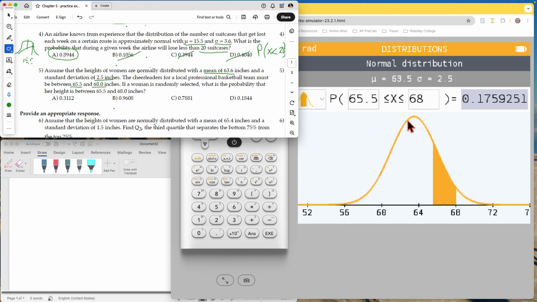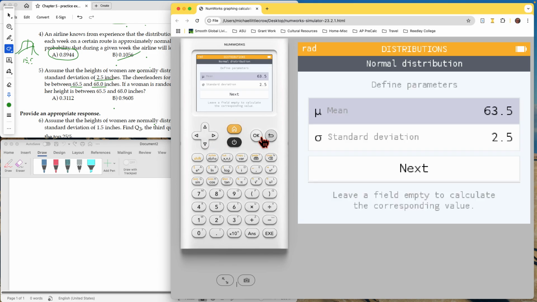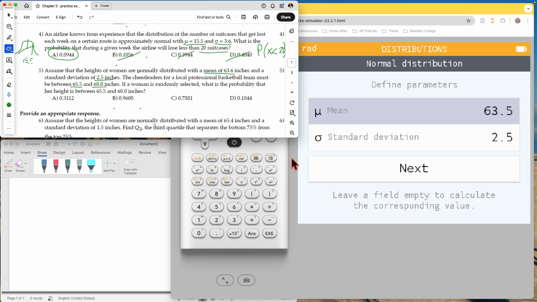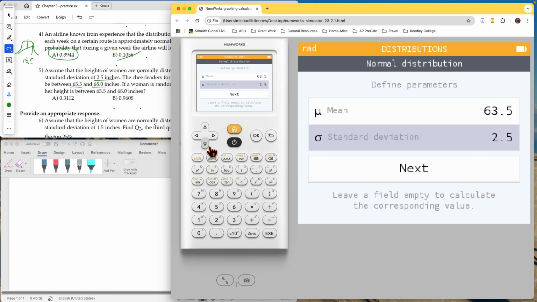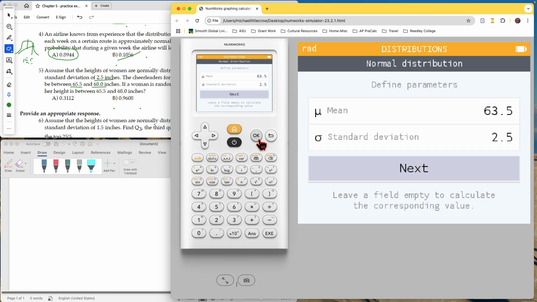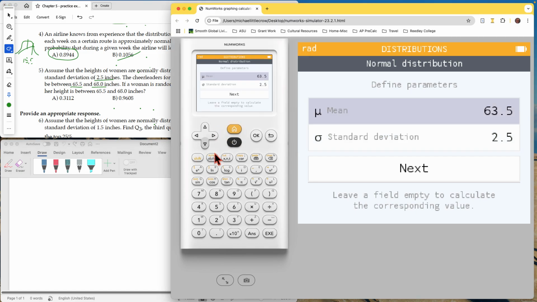Let's see, did I do that correctly? 65.5, 63.6. Let me check. Oh, 63.6. So I had a little error there. I'll bet you I still probably could have gotten the one close enough to it. But, yeah. Wait, I did it again. 63.6.